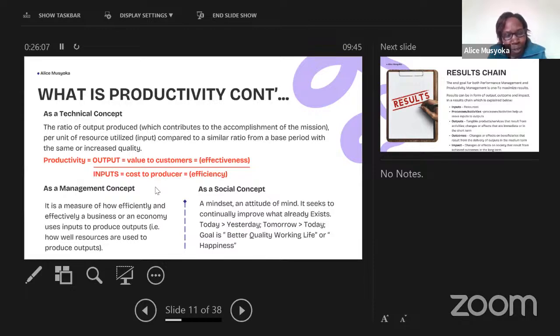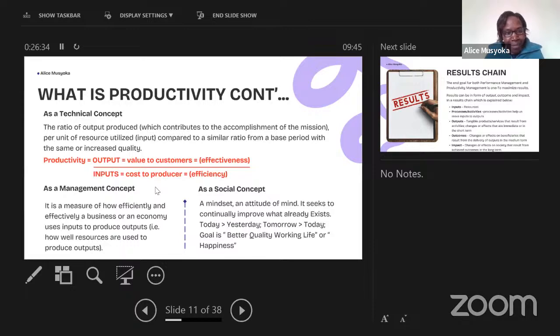If you are collecting contributions, that can also be an output. The much you have collected, isn't it? Like KRA, if they are collecting the taxes, I know they have measures or KPIs that look into how much is collected. Yes, I think we are clear with that.